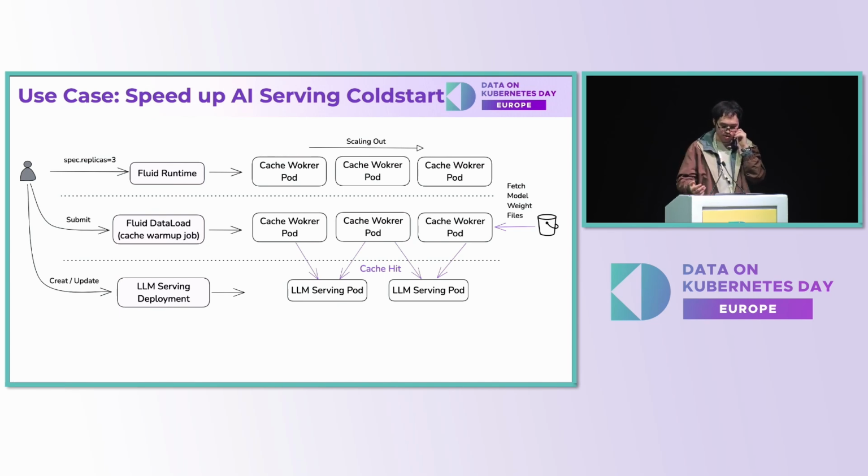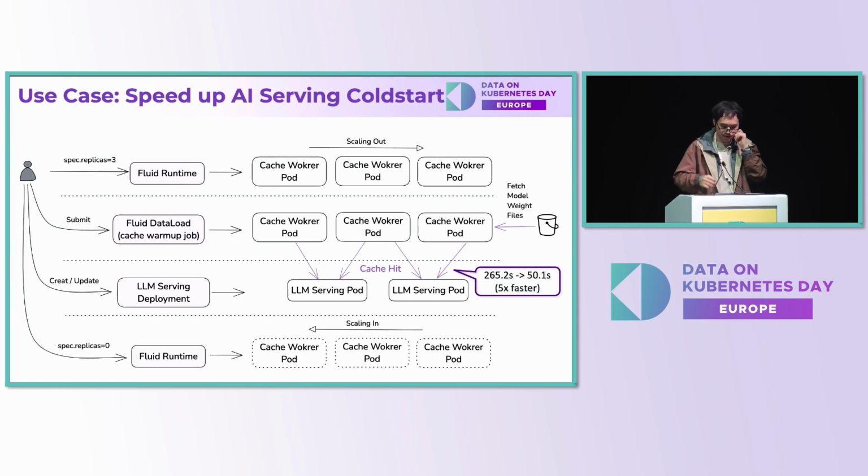LLM serving pods will hit the cache when they are trying to read the model weight files. The distributed cache system is inside the Kubernetes cluster, so it's much faster than reading files from remote storage. In our experience, we can make the cold start about 5 times faster when loading an 8 billion Llama model.